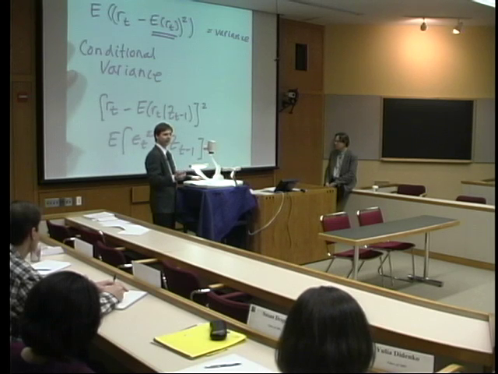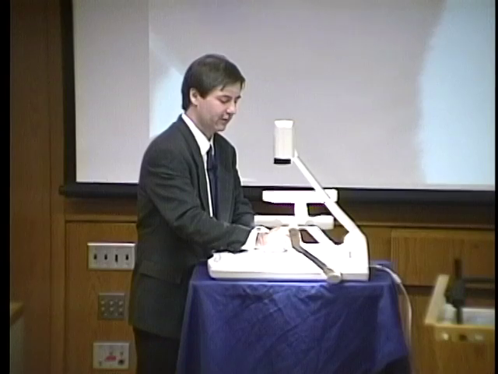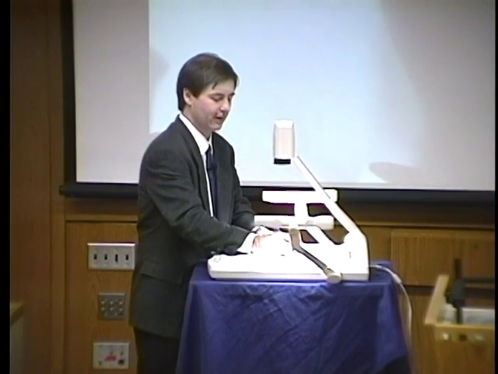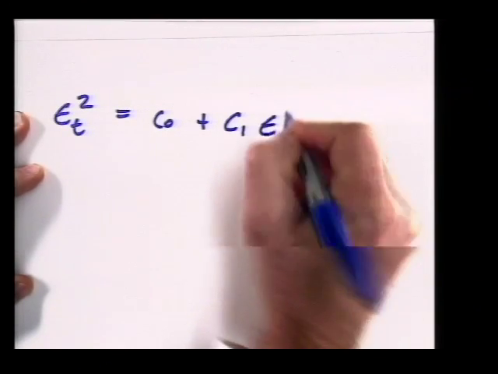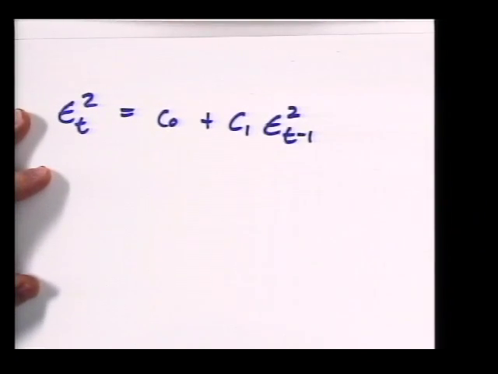You square those residuals, and you try to forecast those residuals. In the simplest model, and the one that I have you actually do in assignment number 3, is simply to take the squared residuals and let them be a function of the lag squared residuals in some sort of model. And it's called an ARCH model.